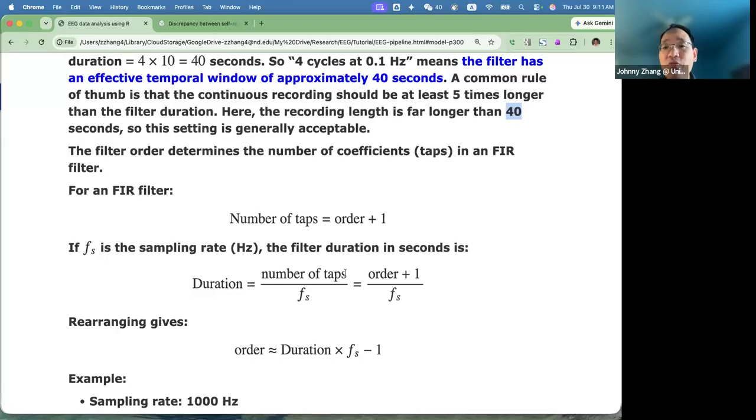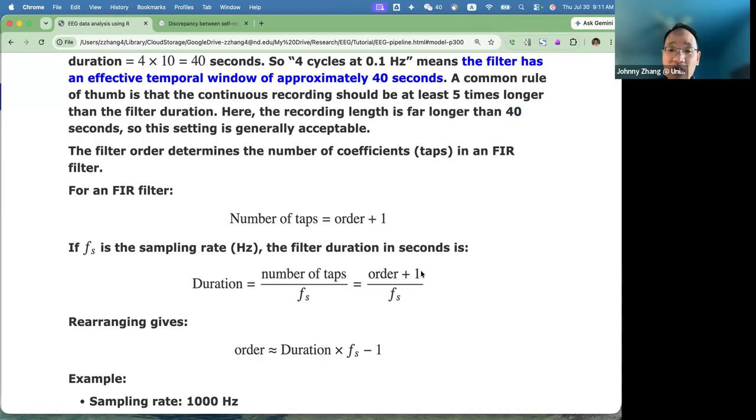You can have 4 weights, so in this case you average 4 values at a time. The number of weights determines how you are going to weight your signals. The number of weights is equal to the order plus one.